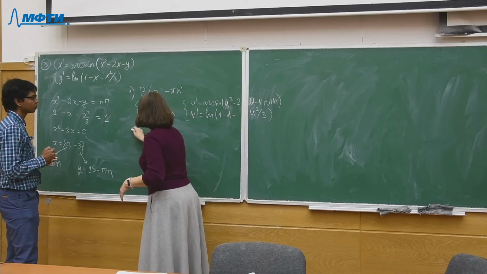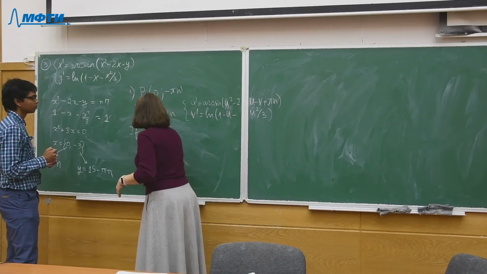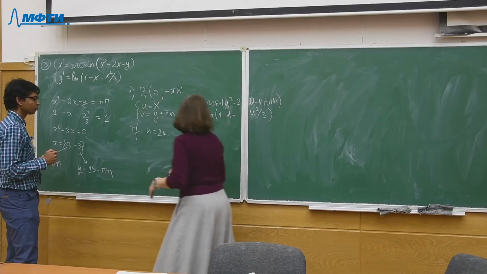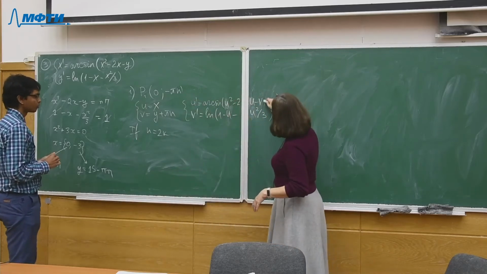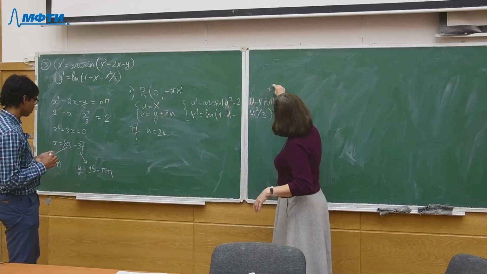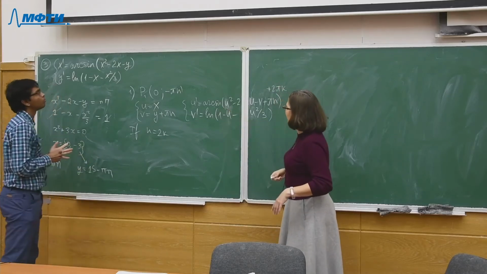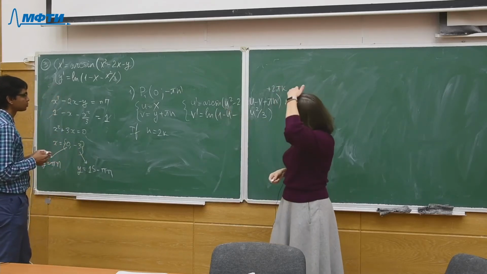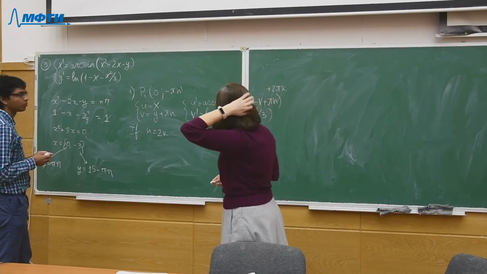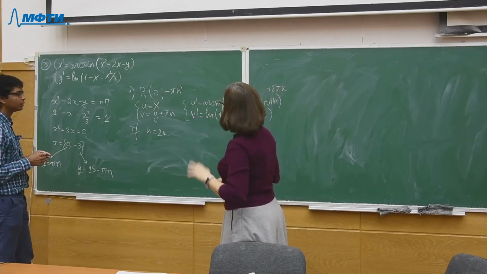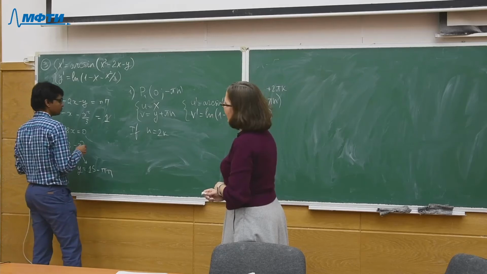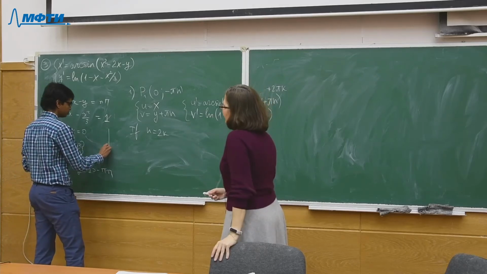So if n is 2k, then we can omit, so this will be plus 2 pi k. Oh sorry, it is not a sine but arc sine.